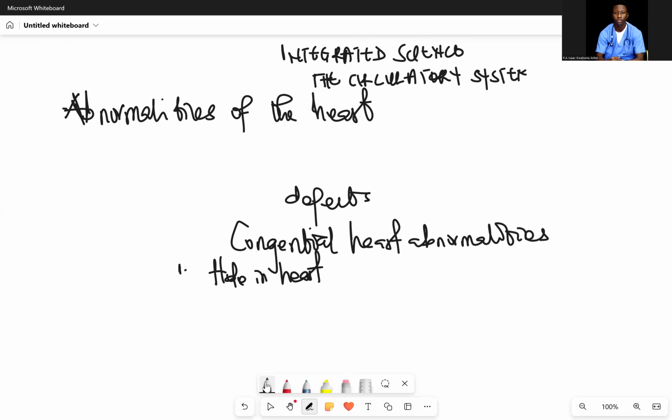The effect is that there is going to be some mixing of oxygenated and deoxygenated blood. You should be able to visualize the heart diagram.